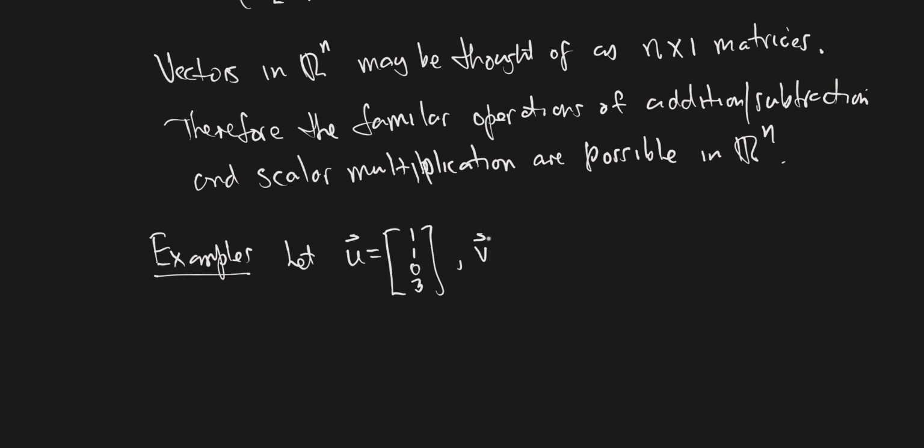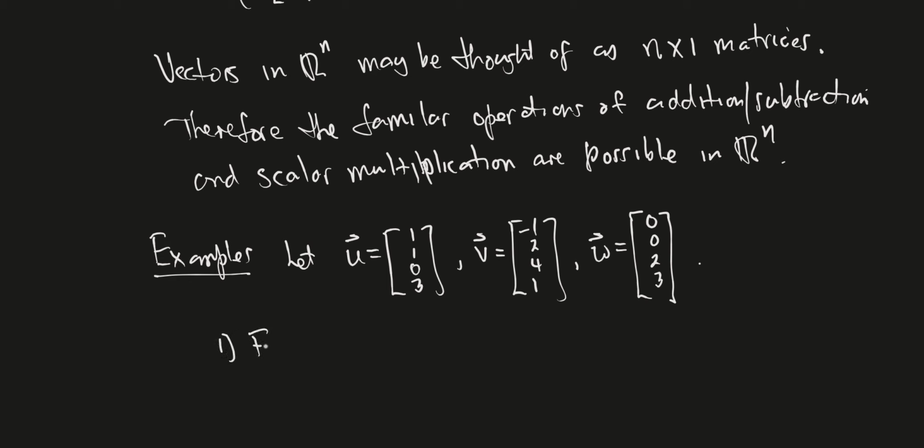And let's say v is negative 1, 2, 4, 1. And w, these vectors, say 0, 0, 2, 3. So let's say question 1, find 2u minus 3v plus w, right?